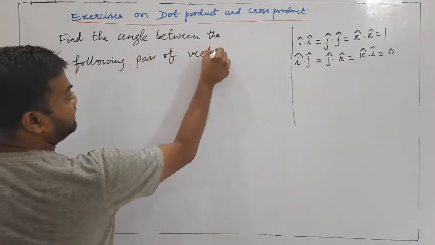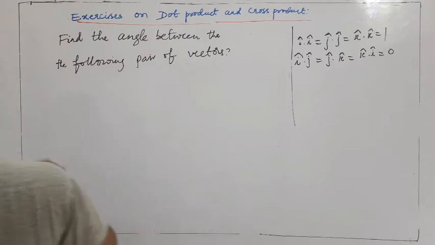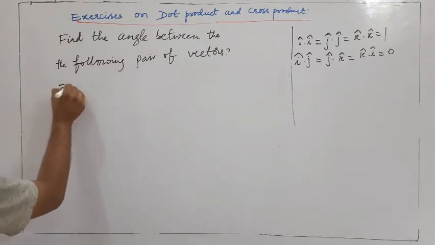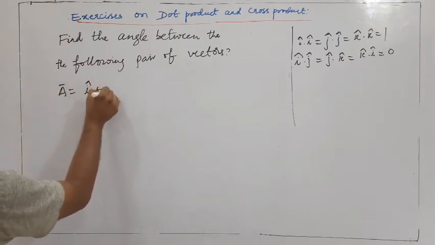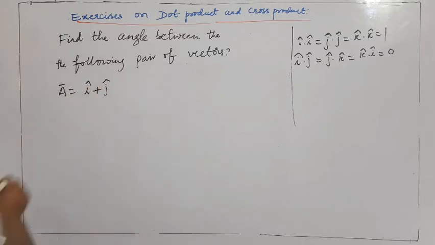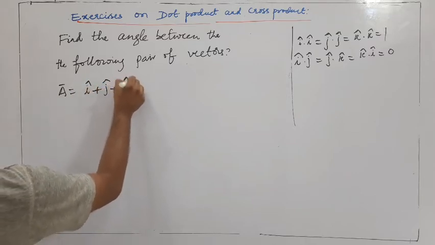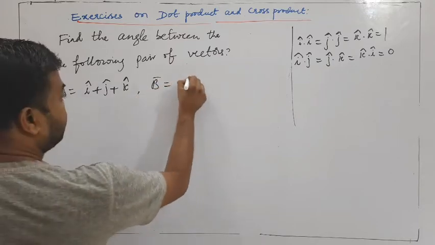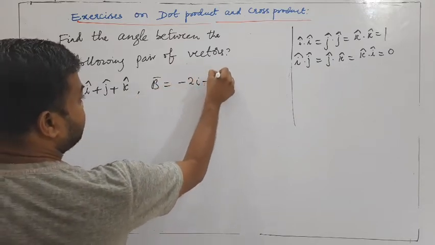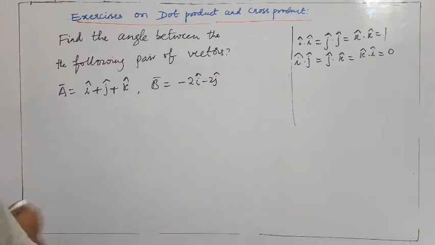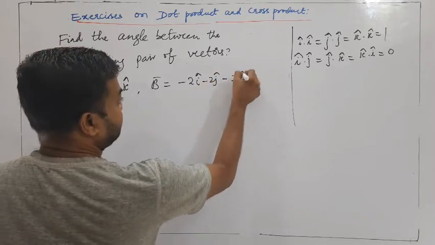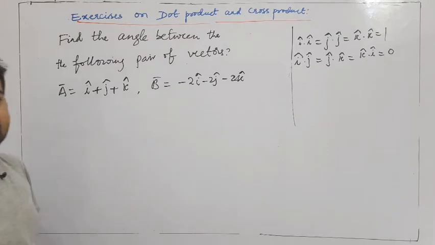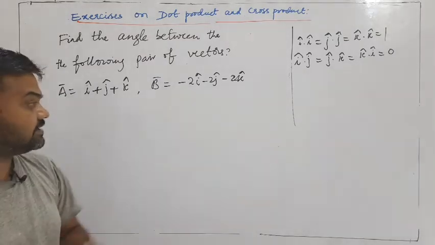Here a bar is equal to i plus j plus k and b bar is equal to minus 2i minus 2j minus 2k. We have to find out the angle. What is the angle between the two vectors?